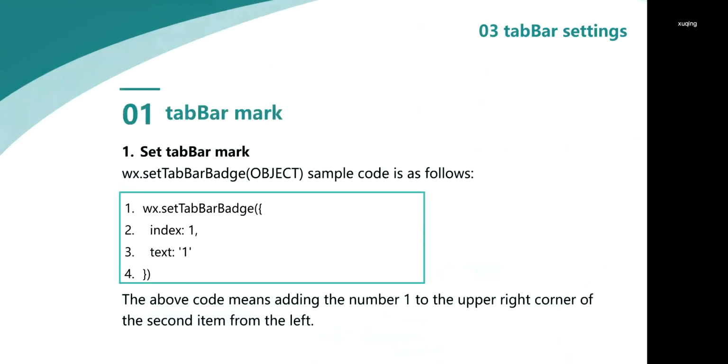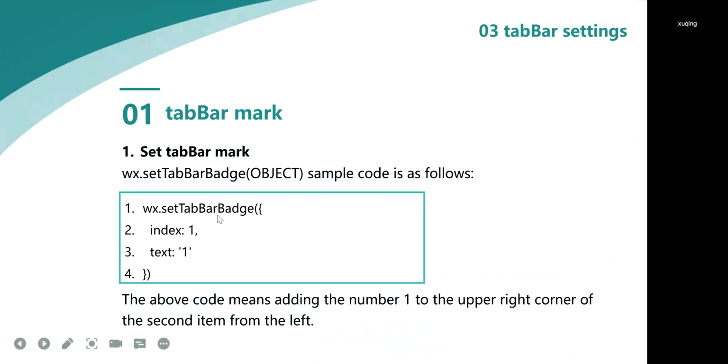For the first part, set Tabbar mark. Firstly, we need to set Tabbar mark. How to set it? Here we have a sample code for WeChat set Tabbar badge. You see in this one we have index and text. Here it means that we add the number 1 to the upper right corner of the second item from the left.